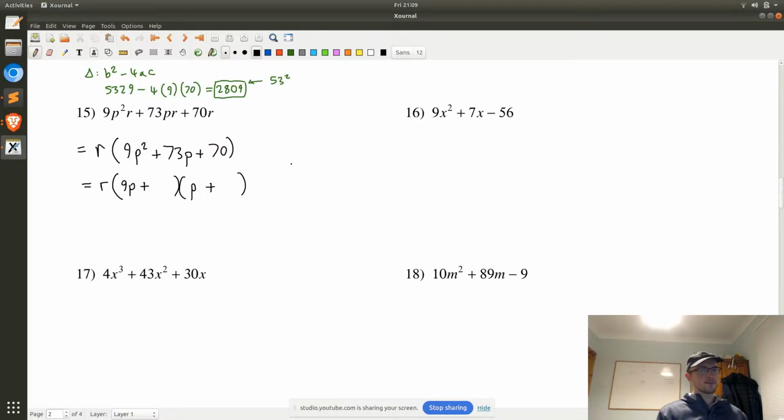Doesn't work. 7 and 10. It does work. So 7 there, 10 there.